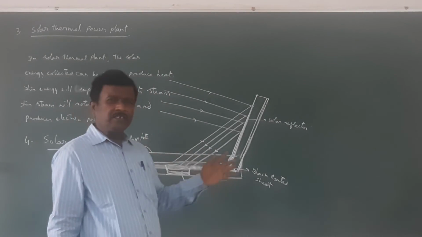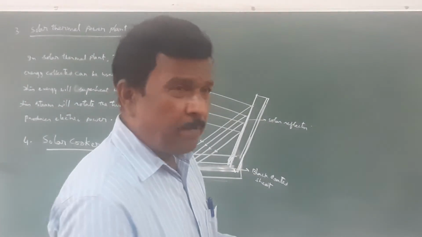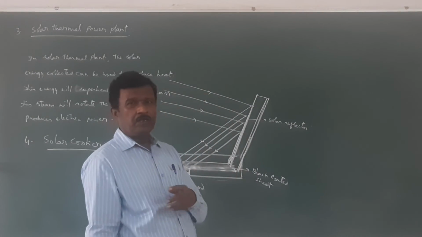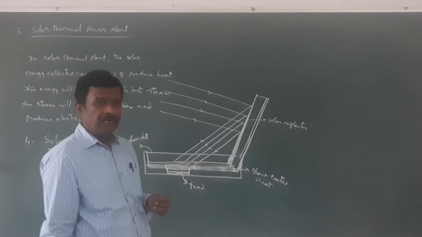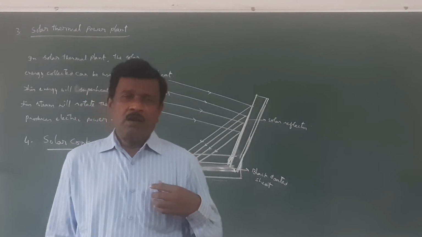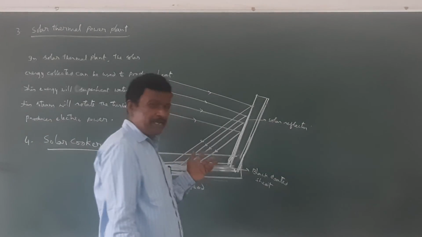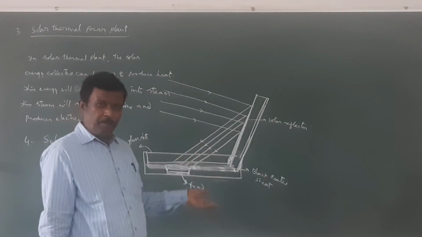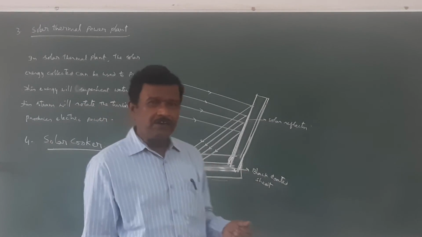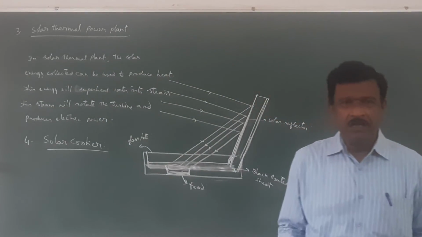Therefore, this solar cooker may not cost much, but it can be utilized for different purposes. By using the solar cooker, you can save your cooking gas and your electric power, and moreover, during the daytime, you can utilize it at any time.